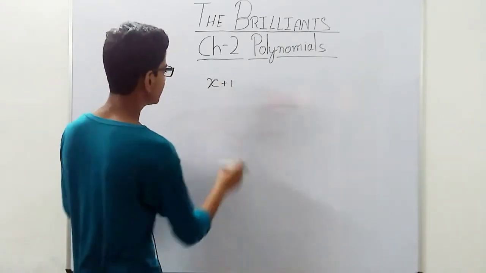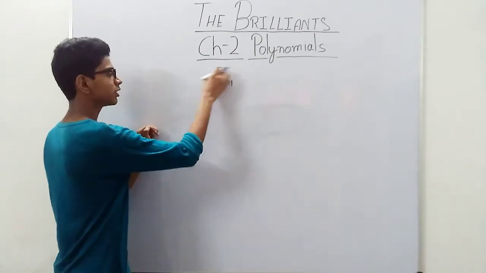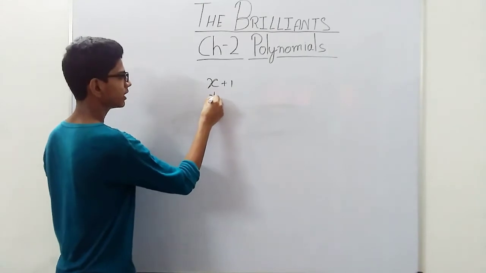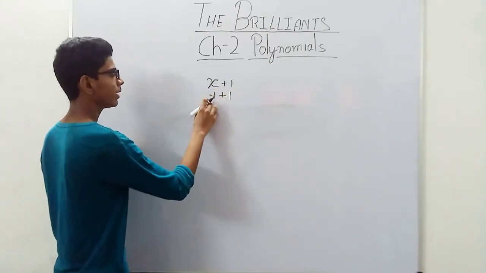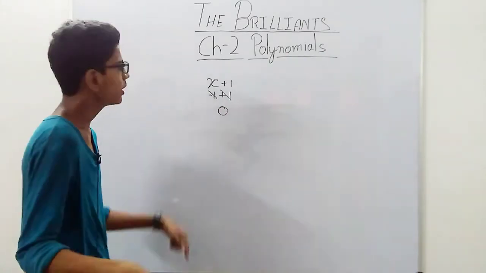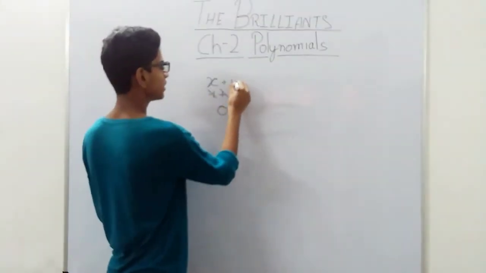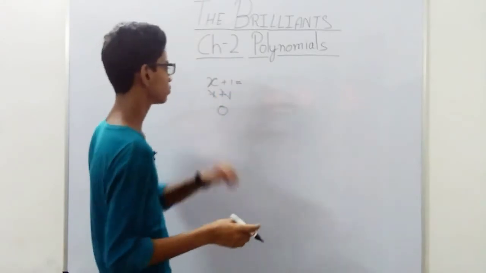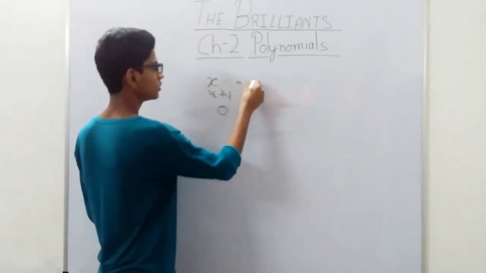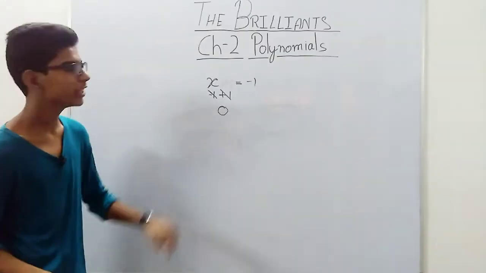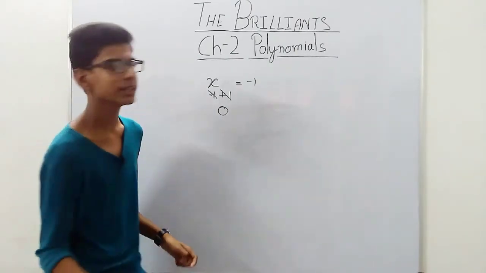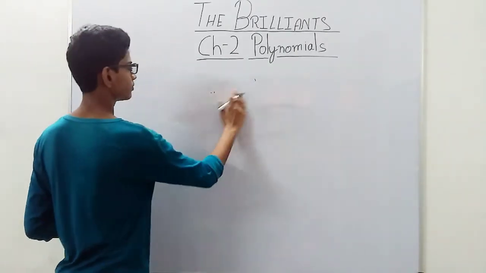So we have to find the number which will make this equation 0. If we place -1 in place of x, then -1 plus 1 cancels and it will be 0. The easy method to understand this: if plus 1 goes to the other side, x will be equal to -1. So the 0 of x plus 1 will be -1. Understand?